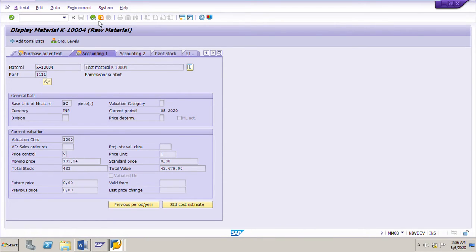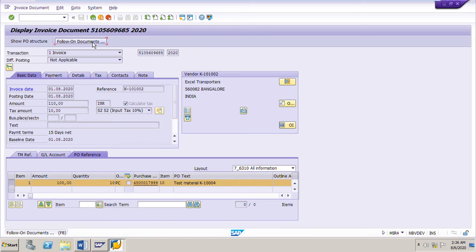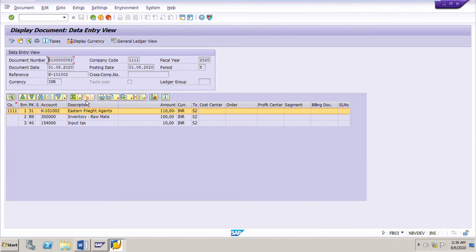Now let us see to which accounts the price is updated when we post a subsequent debit. So this is a subsequent debit. I will click this one here. I will go to the follow-on documents, and then the accounting document. So here we can see the additional cost of 100 rupees is posted to the material account, that is inventory, raw material.